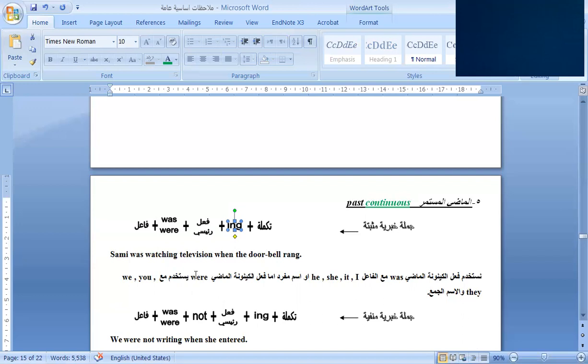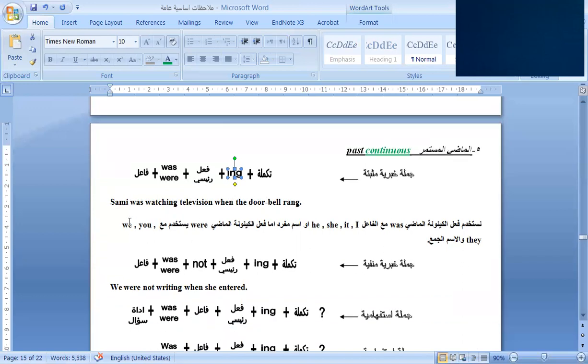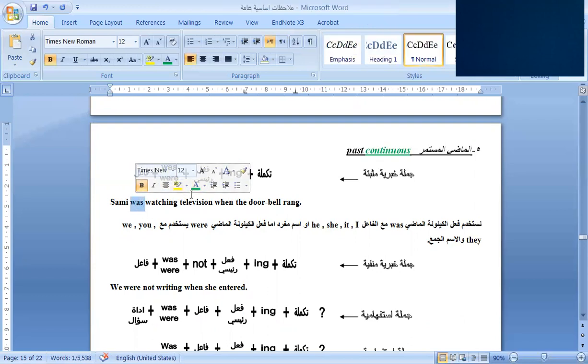Let's see this example. I think we have another example similar to this one. Anyway, Sammy was watching television when the doorbell rang. Sammy, the subject, was auxiliary verb to be فعل كينونة, and the ing form وصيغة ing للفعل. إذا تحقق عندي شرطين للاستمرارية، إذا هذا الزمن مستمر، لكن أي مستمر؟ كينونة ماضية إذا هو ماضي مستمر، الكينونة مضارعة إذا مضارع مستمر.